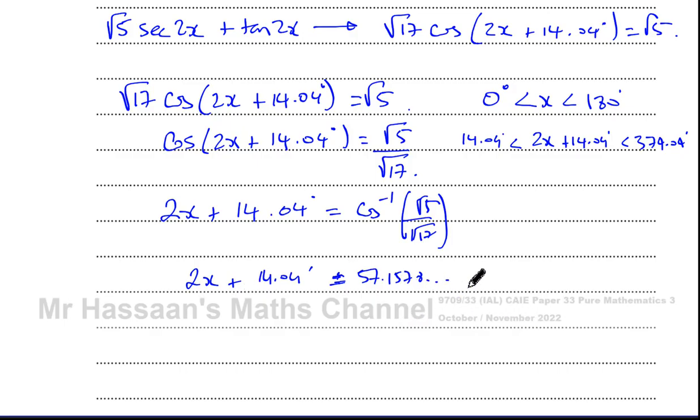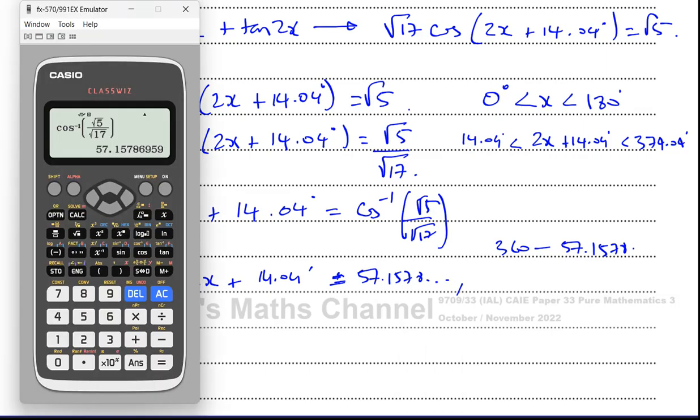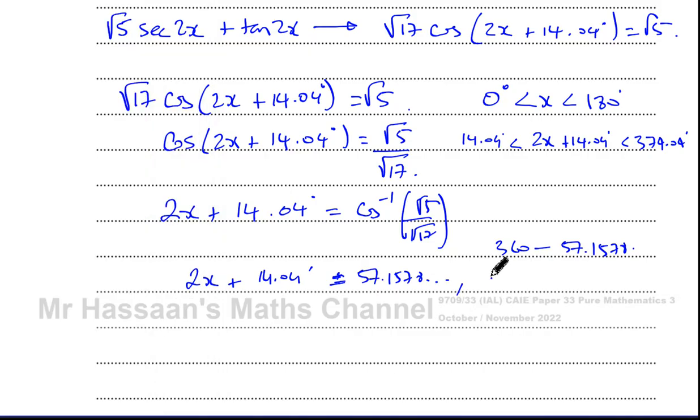So we know that for the cosine curve, you have the principal solution and you have 360 minus the principal solution. So I'm going to also have 360 minus 57.1578. So I'll take my answer and do 360 minus the answer, which gives us 302.842 degrees.